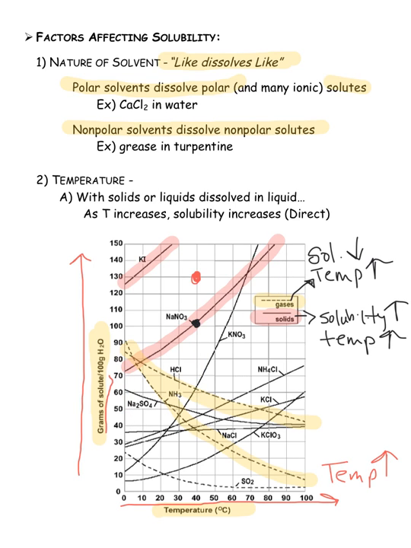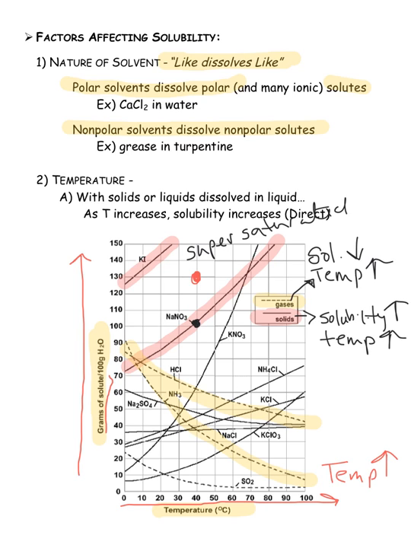So what does that mean? Well, that means we would have what we call a supersaturated solution. Supersaturated. So if I'm way above my line of saturation, we now have supersaturated. Okay.